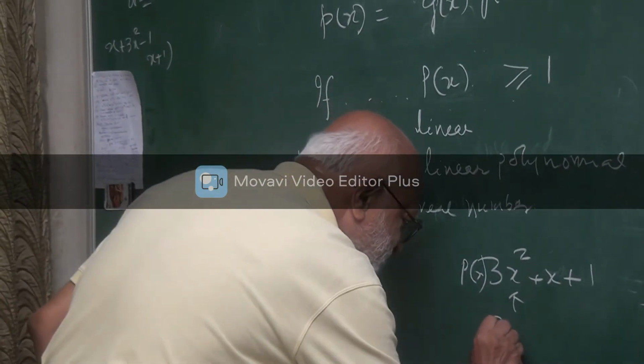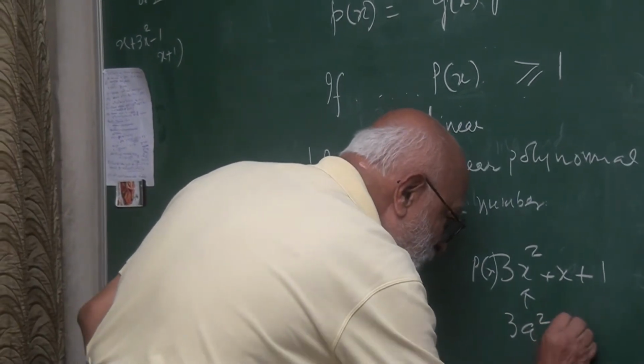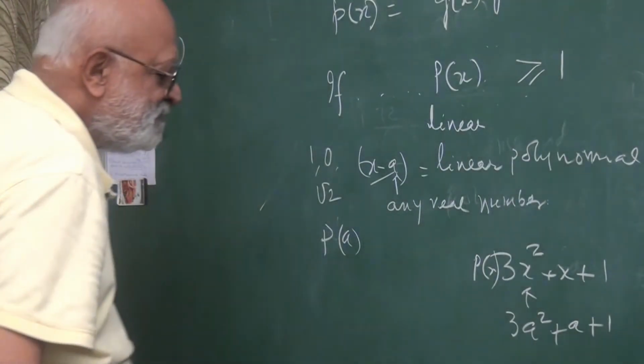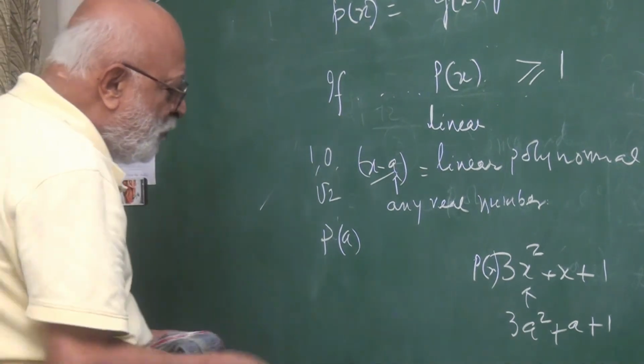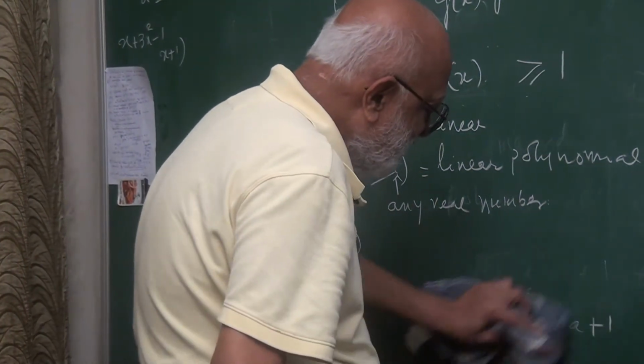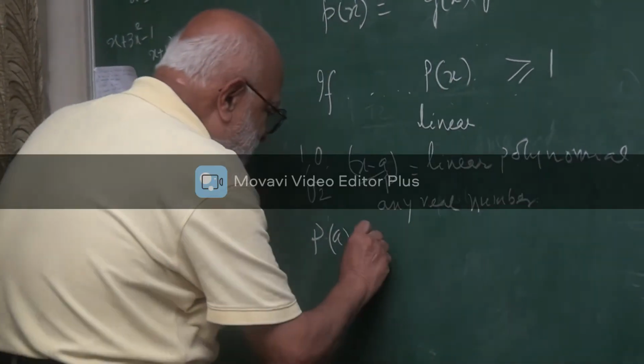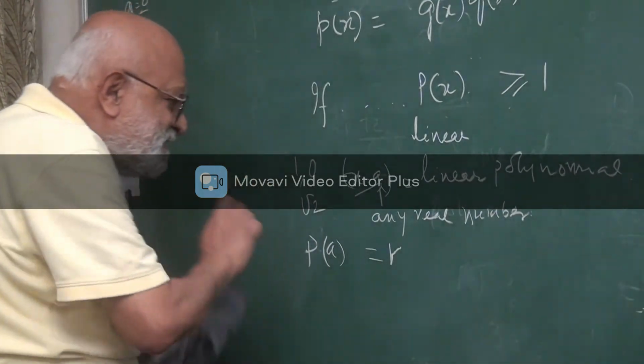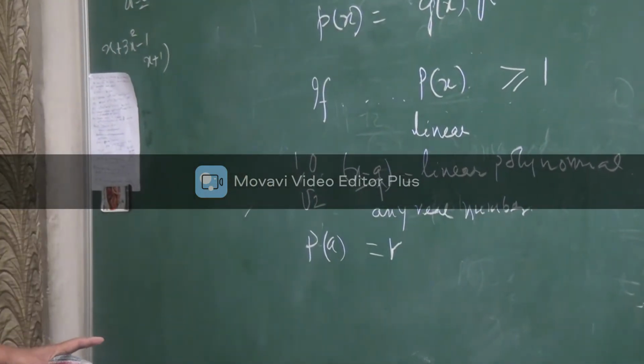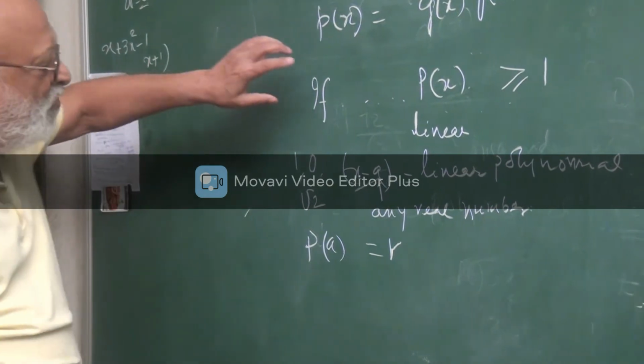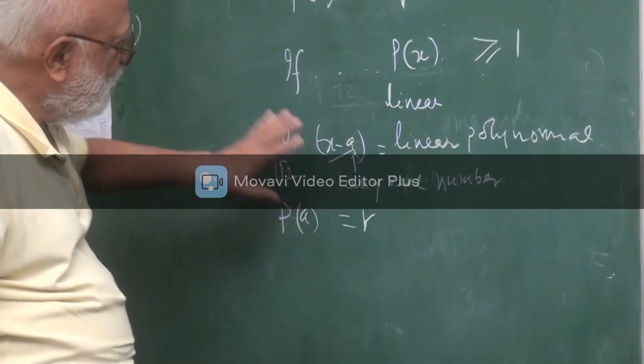That means I put 3 into a square plus a plus 1. So if I put x equal to a, then it should give me the remainder. This is as simple as it is.